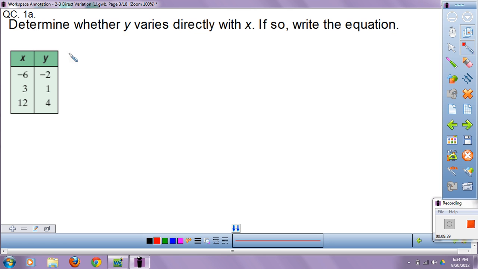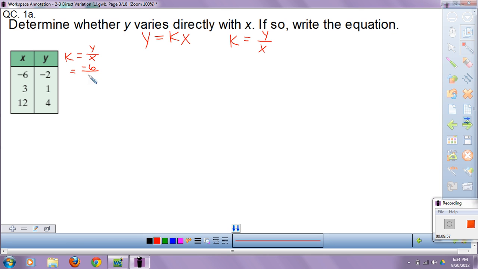Let's look at A. Again, to tell if y varies directly with x, that means, is it a direct variation? If it is, your k is constant. K is y divided by x. So we simply need to find our ratios for all three ordered pairs. So k is negative 2 divided by x, negative 6, which simplifies to positive 1/3. Y 1 divided by 3, which is the same as 1/3.